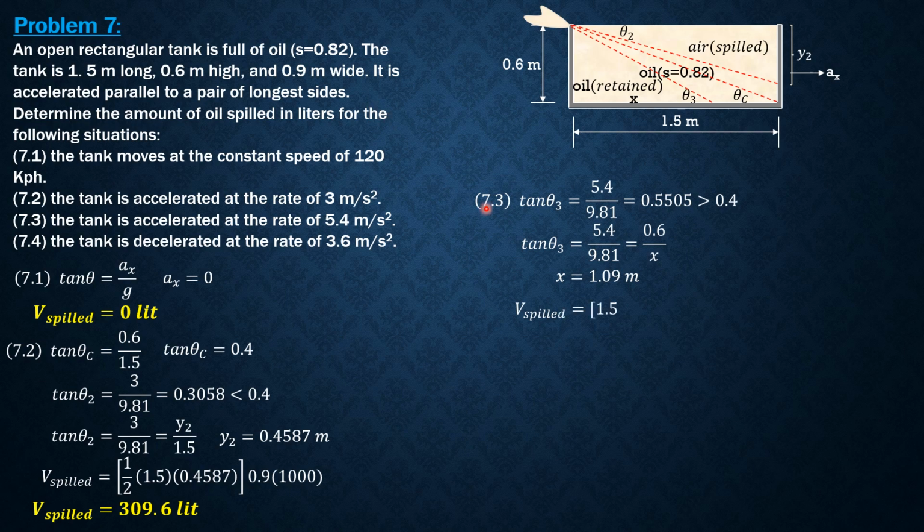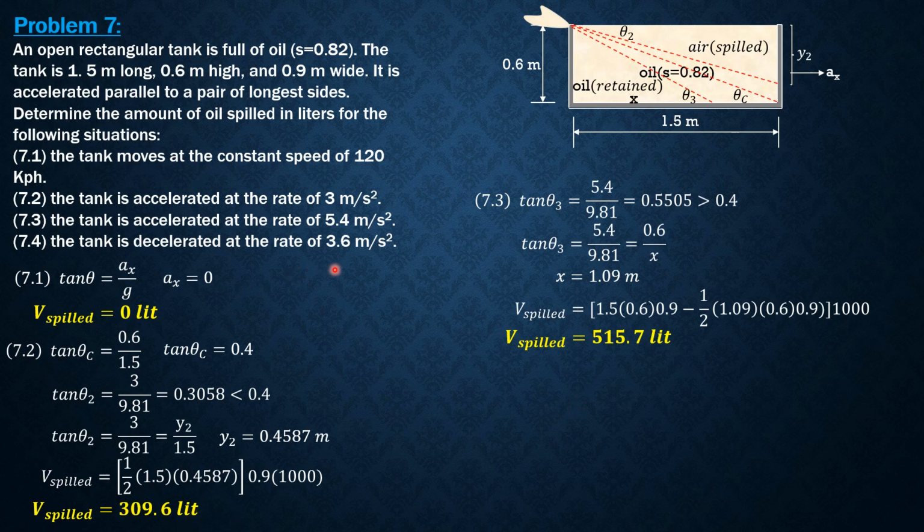So volume spilled is 1.5 times 0.6 times 0.9 minus 1/2 of x, 1.09, times 0.6 times 0.9. Then these two terms should be multiplied by 1000 to convert to liters. So volume spilled is equal to 515.7 liters. That makes sense because it should be greater than the preceding answer.